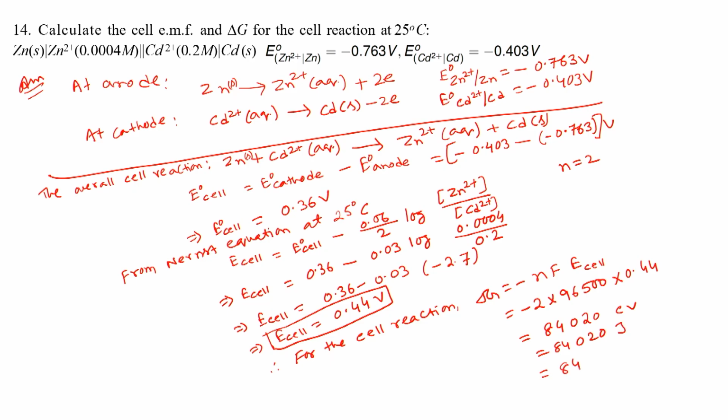If we convert it into kilojoule, we get 84.02 kilojoule. So this is the value of delta G for this cell. This is a very standard problem, but a very important problem. So we can calculate delta G by using the Nernst equation.